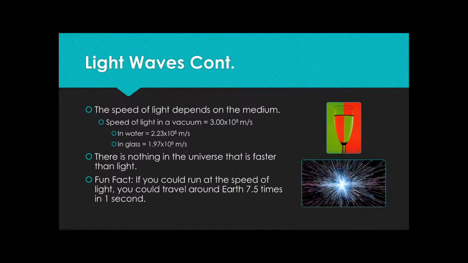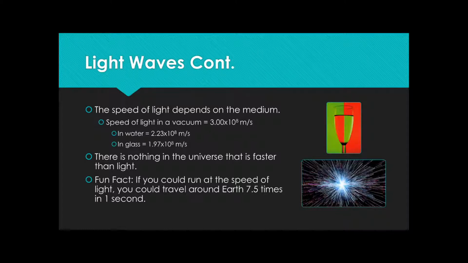Now, if it goes through glass, it decreases even more, and it's 1.97 times 10 to the 8th, or 197 million meters per second. So there is nothing in the universe that can travel faster than light. The speed of light is the fastest thing that we have and that we can see.